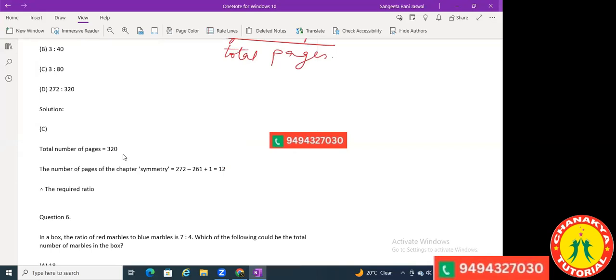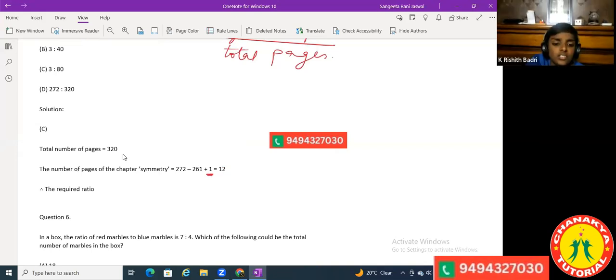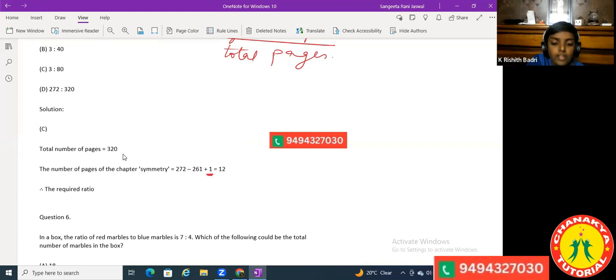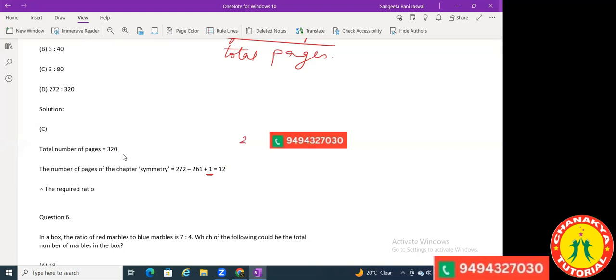272 minus 261, plus 1. Why is this plus 1 added? Because one of the pages is included there. When the chapter is starting from page 261 to 272, the starting page is also included, no?